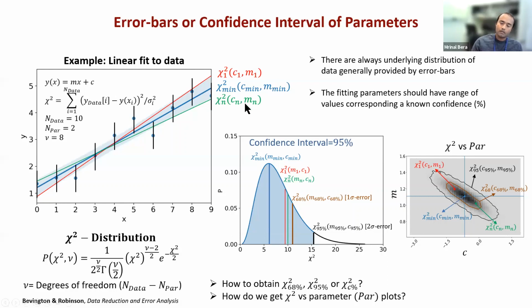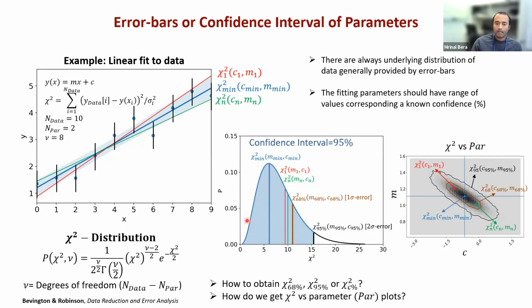So chi-square has an underlying distribution which is independent of any model. This is the theoretical distribution that comes out of chi-square. When you fit particular data, the chi-square we get from the data will follow this kind of distribution. The chi-square minimum will be the peak of this distribution.